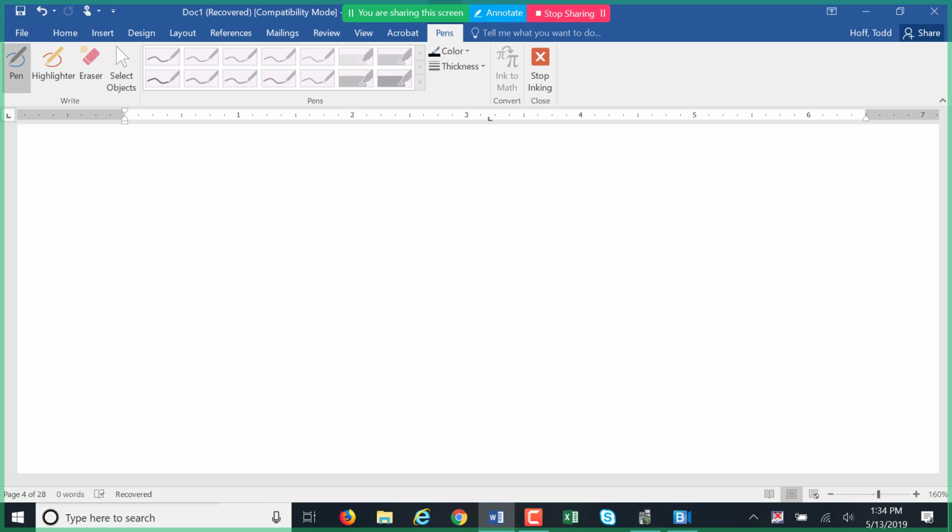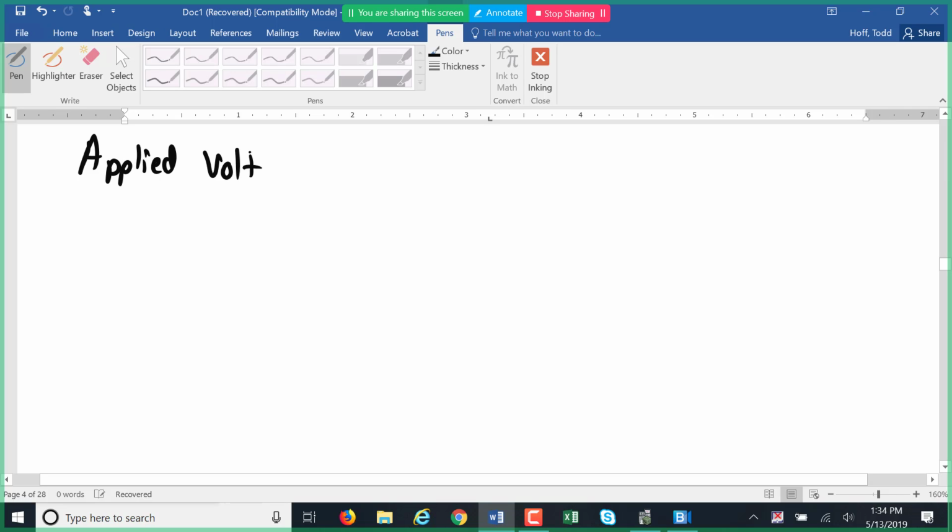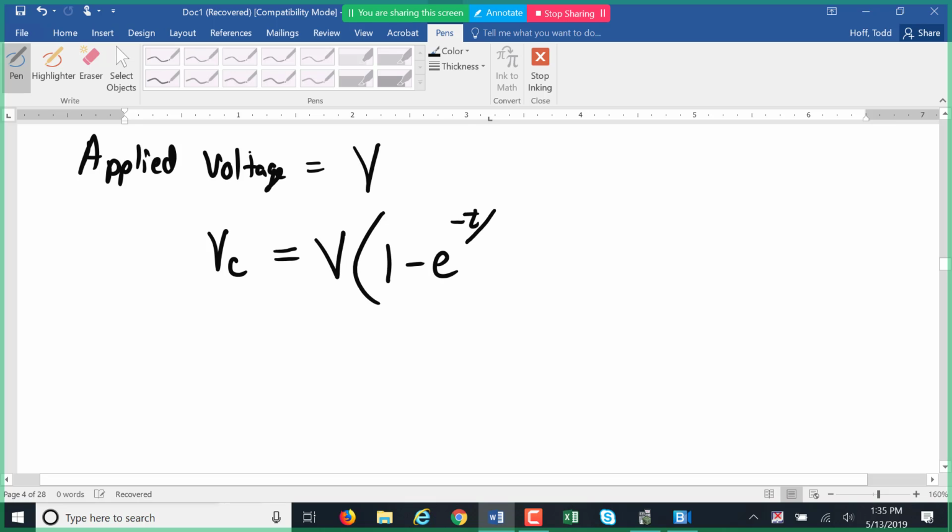The charge on a capacitor at a given point in time, if we have an applied voltage of capital V, the actual voltage on the capacitor, VC is the voltage on the capacitor, is equal to that applied voltage times 1 minus e to the power of negative t divided by RC.